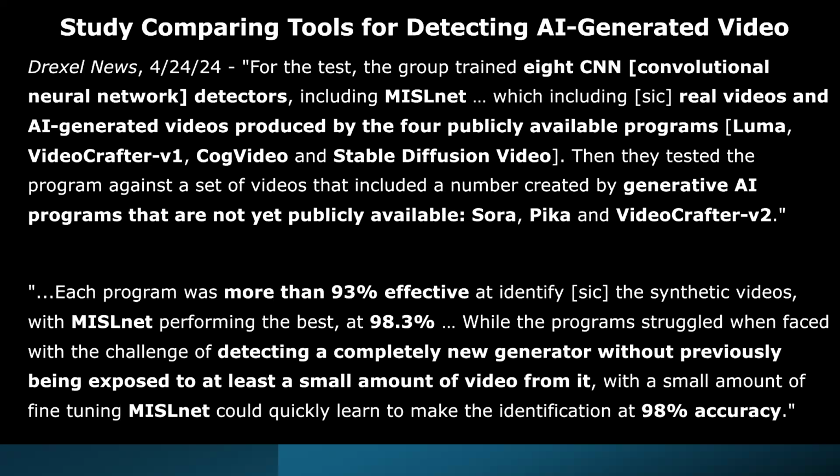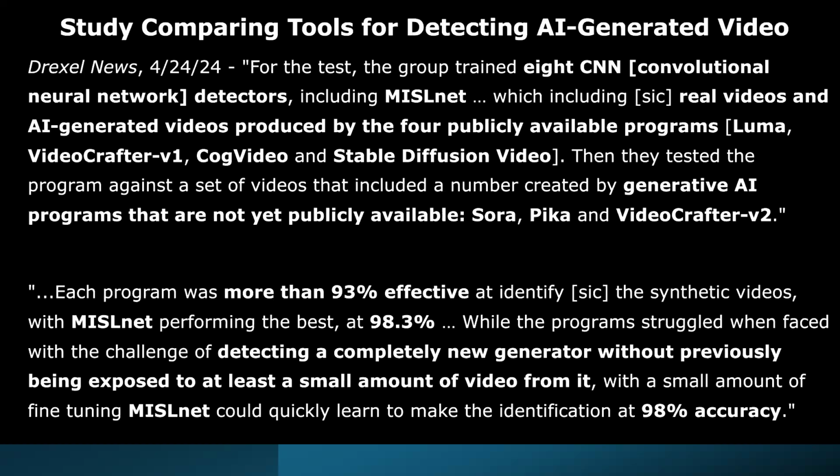A 2024 research paper from Drexel University found that one of the most complex forms of AI-generated content, AI-generated video, is actually one of the easiest to detect. As an April 2024 story from Drexel News detailed, quote, "For the test, the group trained 8 CNN (convolutional neural network) programs that classify images and objects detectors, including MISLNet, to seek real videos and AI-generated videos produced by the 4 publicly available programs: Luma, Video Crafter V1, Cog Video, and Stable Diffusion Video.